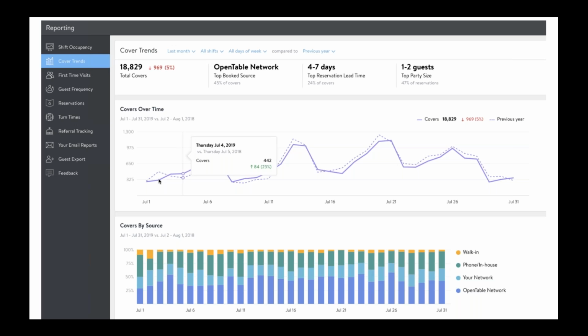If you hover over any of these dates, you'll see a chart pop up to give you some insight about that day. So I have this screenshot here showing you today, July 4th this year versus July 5th last year. We're actually up 84 covers, 23%. This is not a great comparison because our data compares day by day, not date by date.